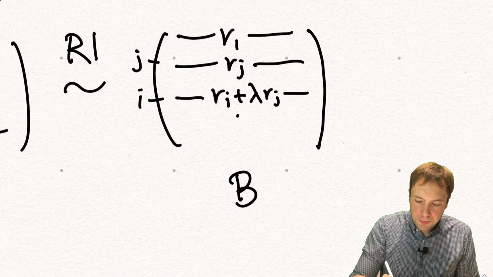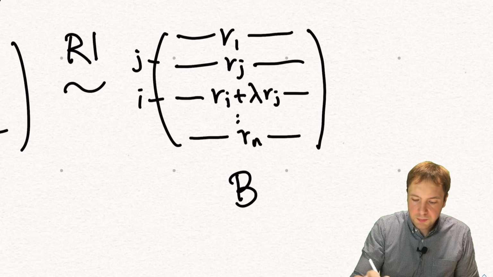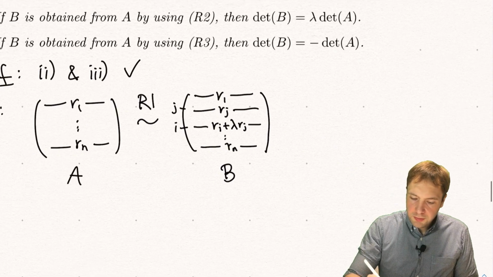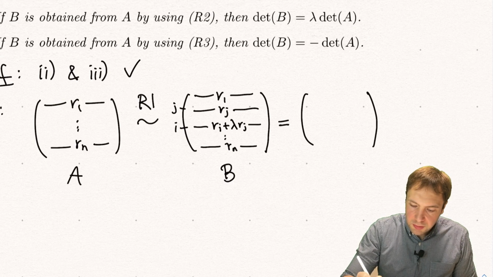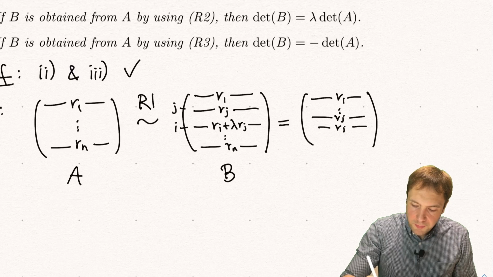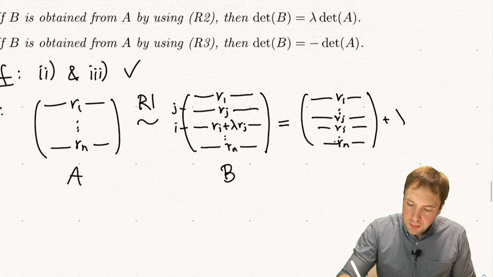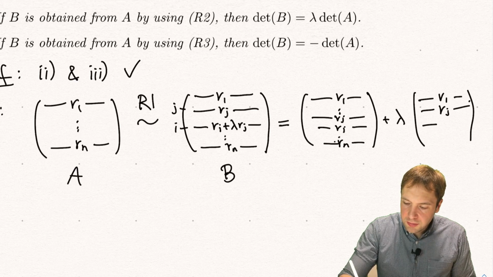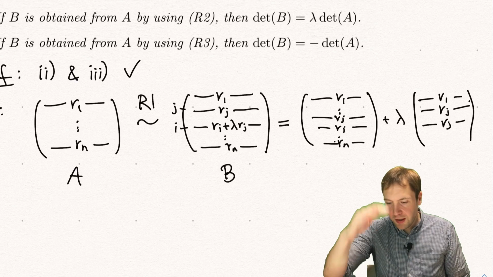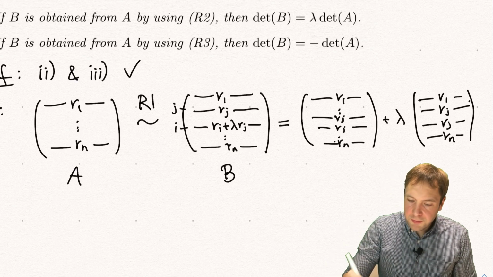And here I have Rn. But this is the same as the matrix with rows R1, Rj, Ri, Rn, plus lambda times the matrix with rows R1, Rj, Rj in the ith row, and Rn.